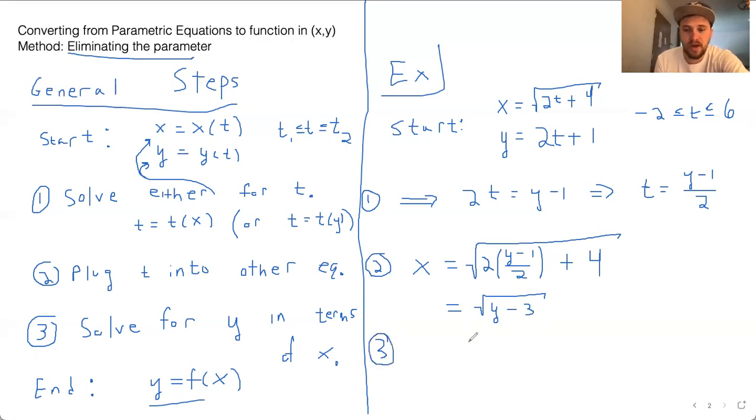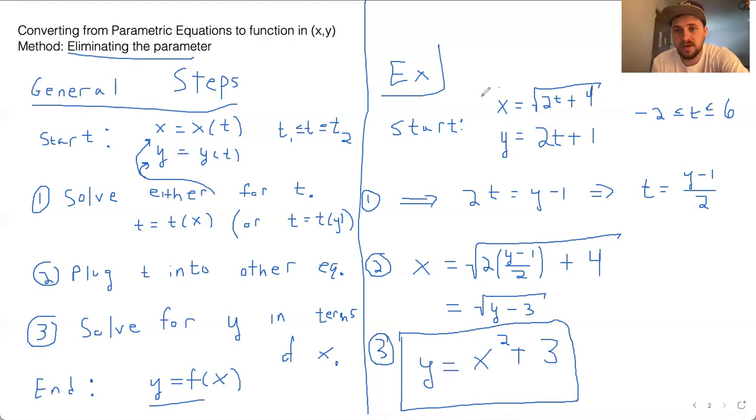Now we plug t into the other equation, which is what eliminates the parameter. And now we solve for y in terms of x. And you can see we can square both sides here, move the 3 over, and what we'll get is y equals x squared plus 3. So this was our function.